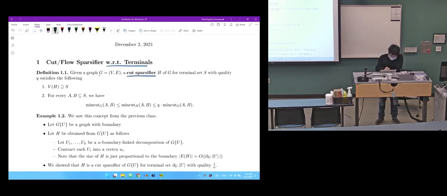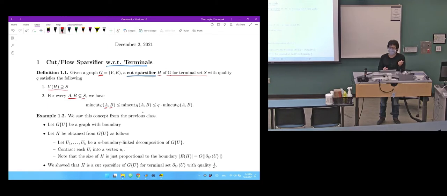So when you are given a graph G, we say that H is a cut sparsifier of G for terminal set S if basically H preserves all cut information about S. In particular, first of all, H needs to contain S. And the next thing is that for any subsets A, B of S, the min cut between A and B is preserved.